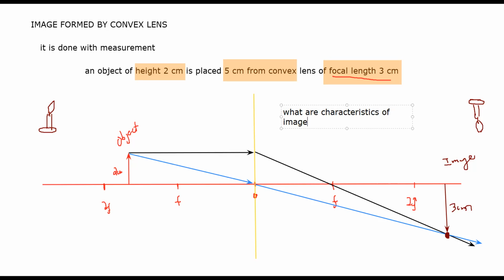So what are the characteristics of the image which is formed here? Number one, it is inverted. And what about real? Is it real or imaginary? The two light rays intersect by themselves.